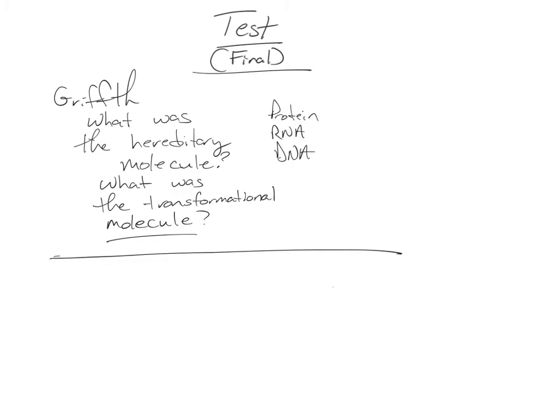So what do you need to know? I already said this in the previous video, but I'm going to double check you get this. You have to know the steps. You have to know what the control groups are.